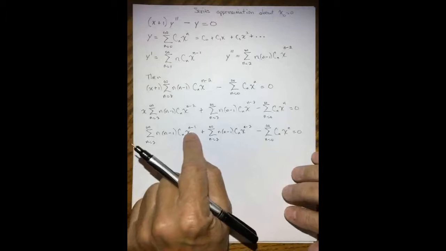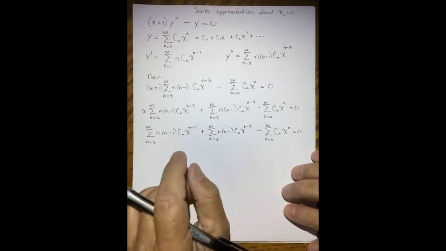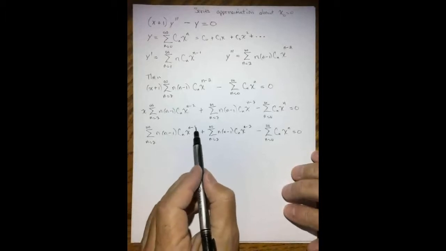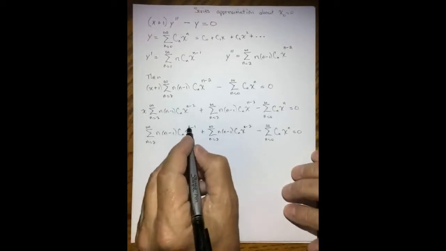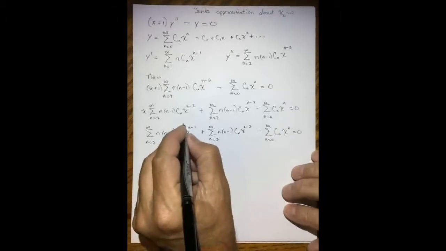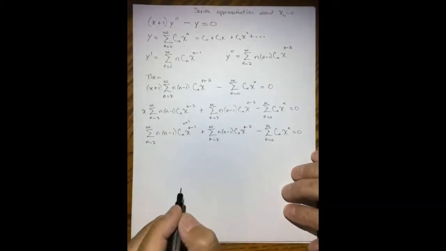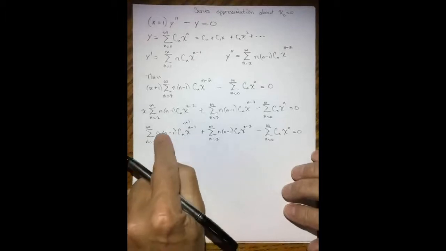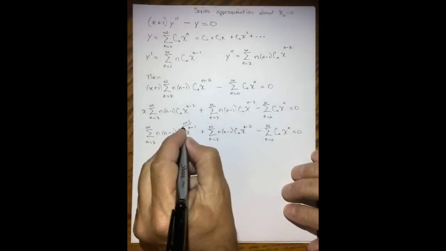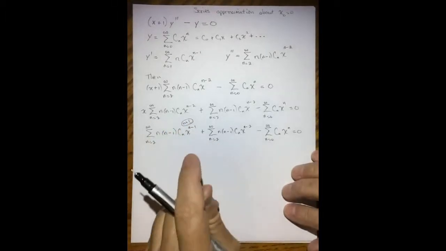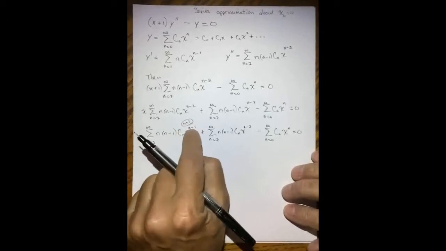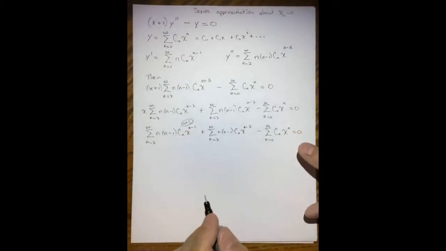So let's take them from left to right. I need to do kind of a transformation here. For this exponent to become n instead of n minus 1, I need to replace n with n plus 1 everywhere. Everywhere you see an n, I'm going to put n plus 1. And then I'll have n plus 1 minus 1 gives me the exponent n.